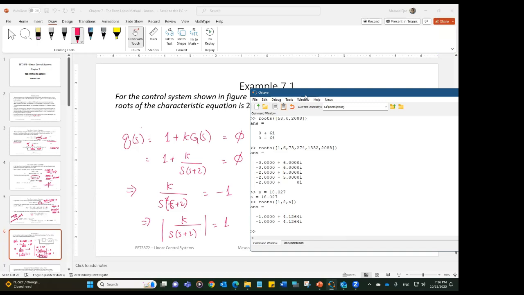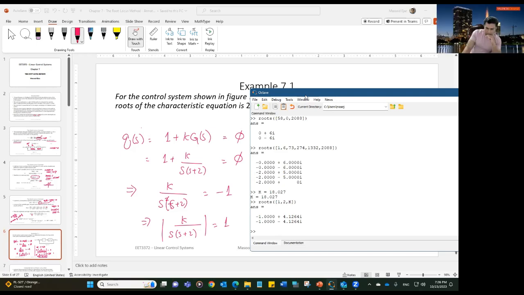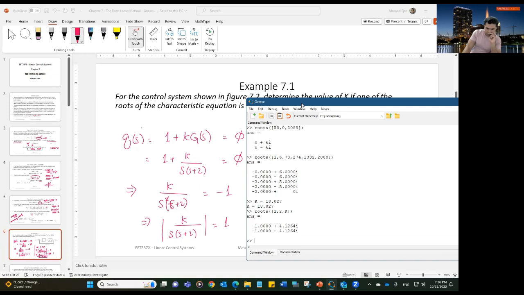Maybe because I rounded up or rounded down. No, that's, let's see. You're looking at the poles. So negative 1 plus j4, it's not 2 plus 3i.